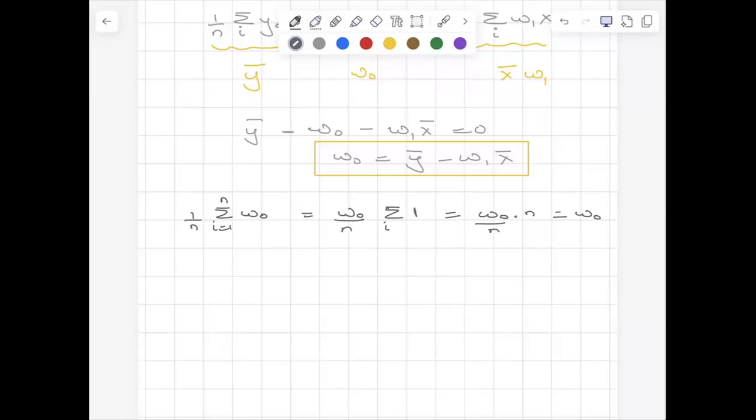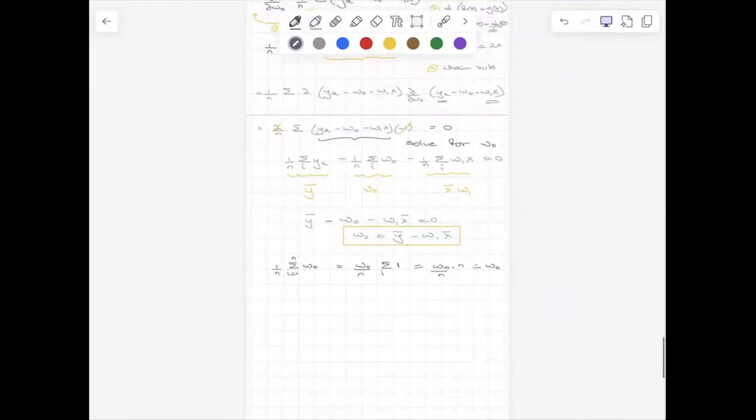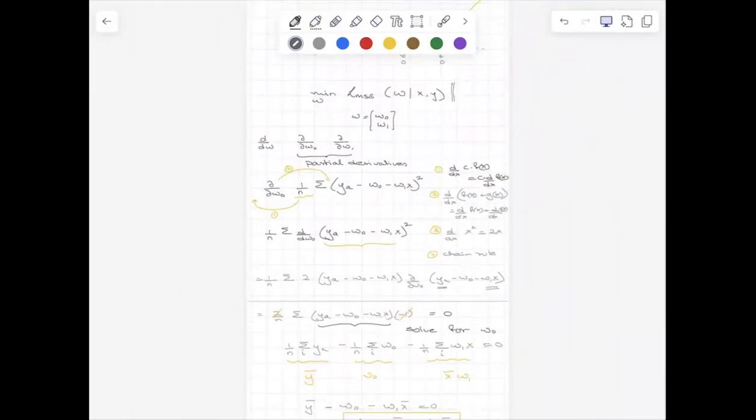Again, don't worry about the details of the math that you've not understood. Keep in mind the main points, which is basically I have the function for the loss and I want to find out how to minimize W naught. So I take the derivative with respect to W naught.